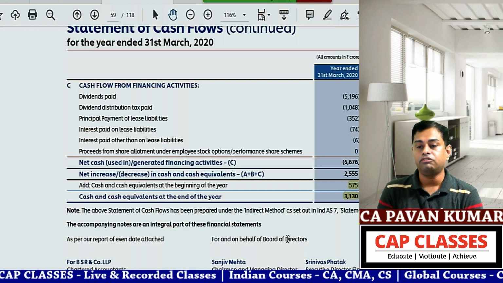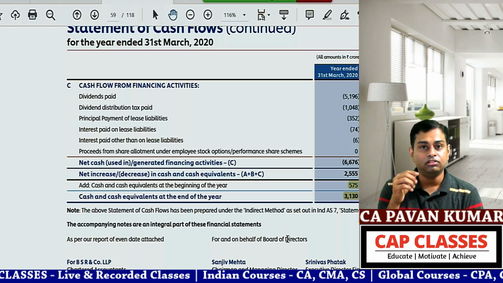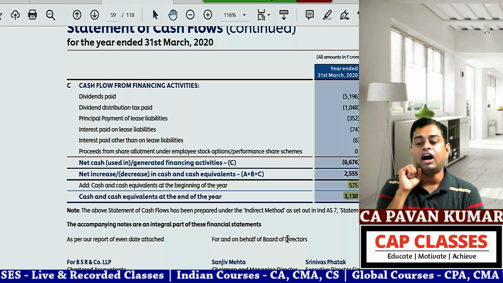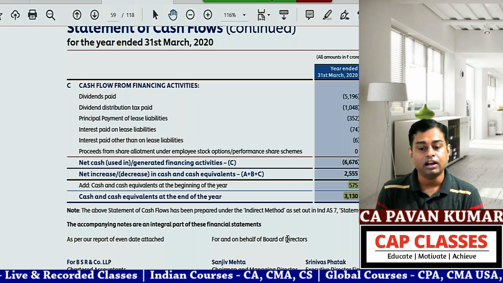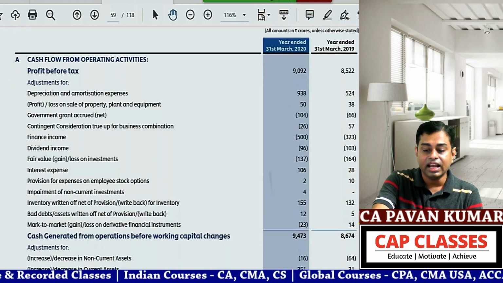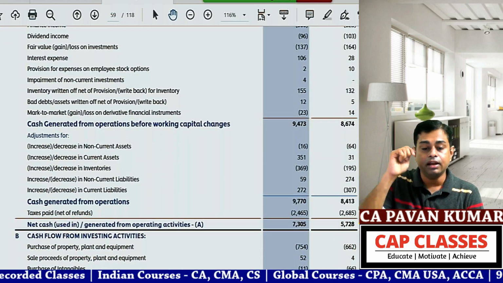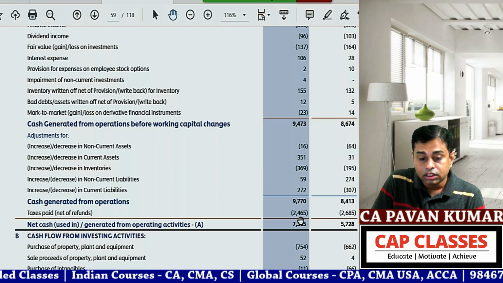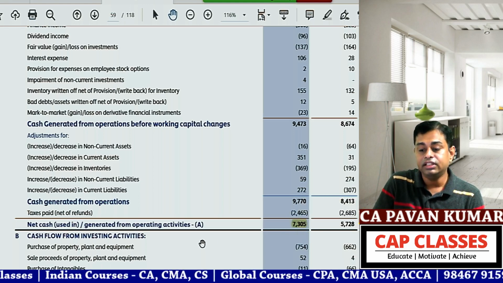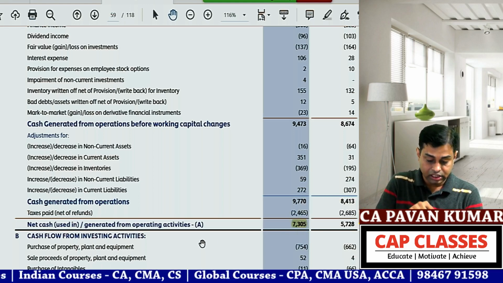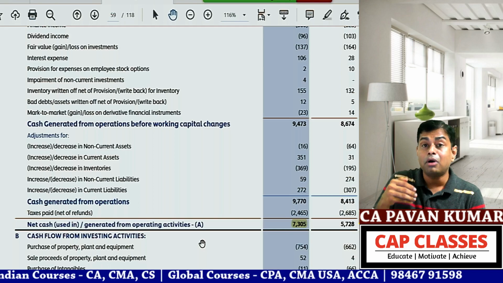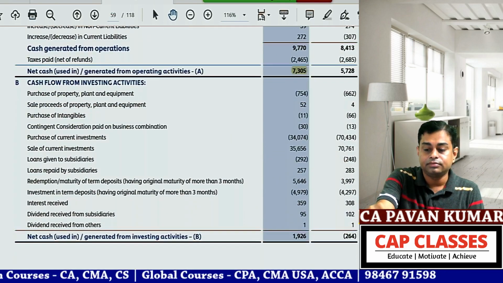Now again the shareholder will ask, sir, that 2555 is there, no? What is that 2555, sir? Then you will say, look here, how much is this? 7305. This is A, 7305, cash flow from operating activities.